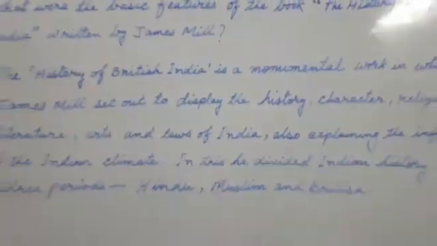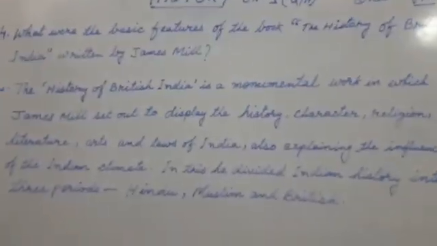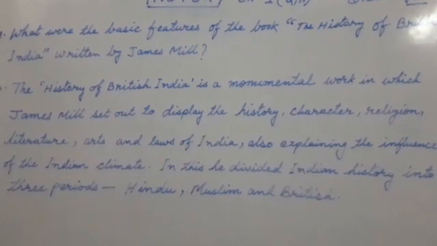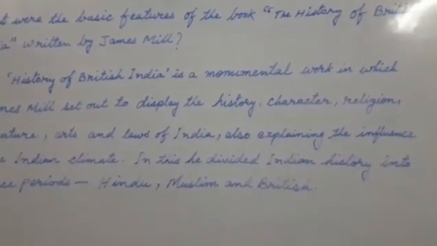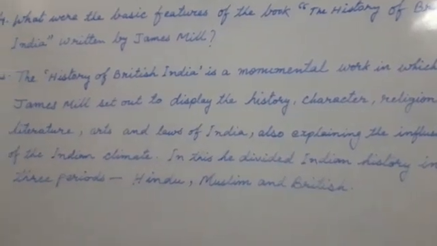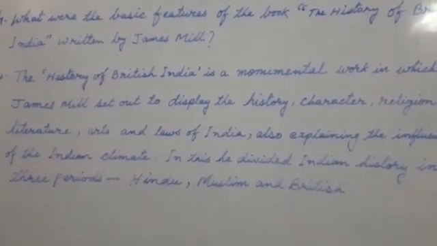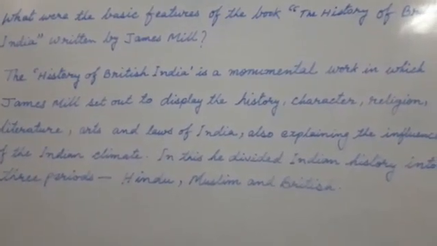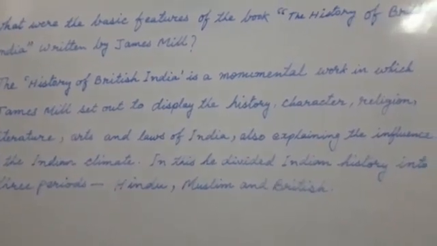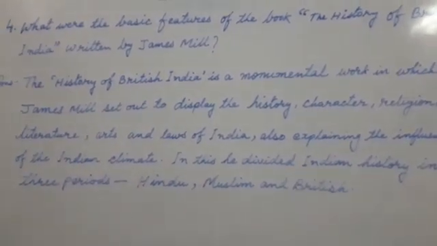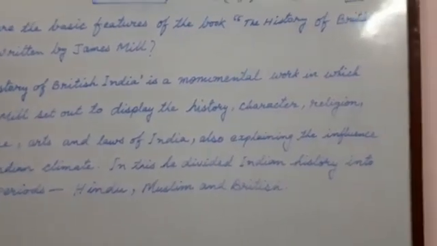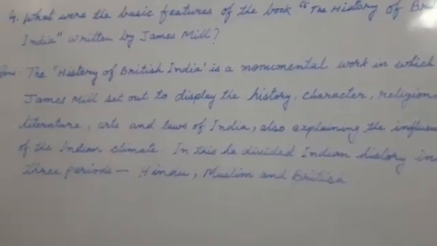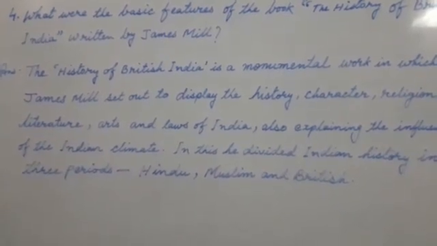Okay, see the full answer once. The History of British India, written in inverted commas, is a monumental work in which James Mill set out to display the history, character, religion, literature, arts and laws of India, also explaining the influence of the Indian climate.